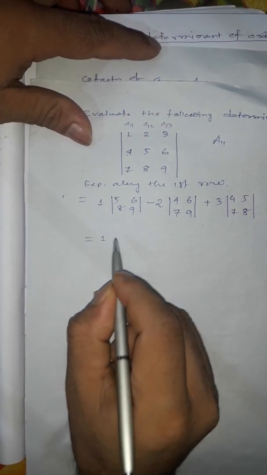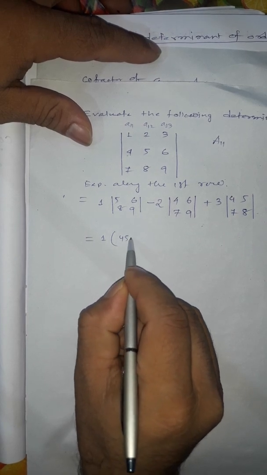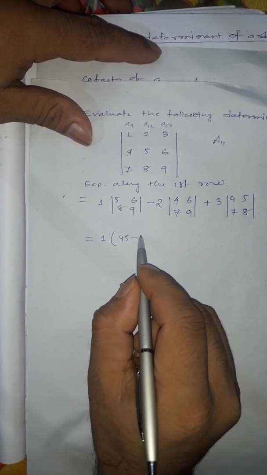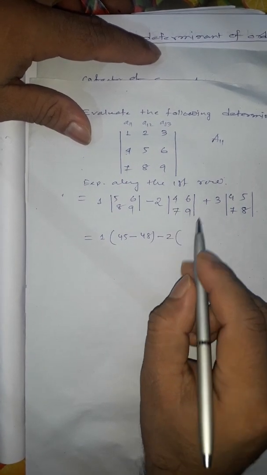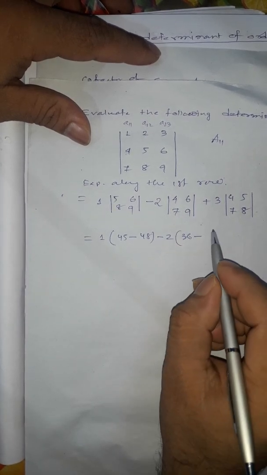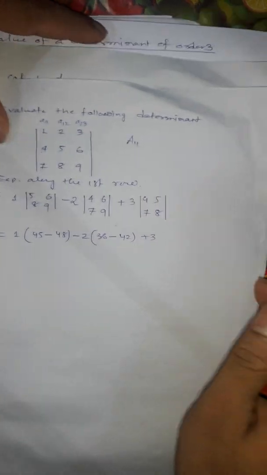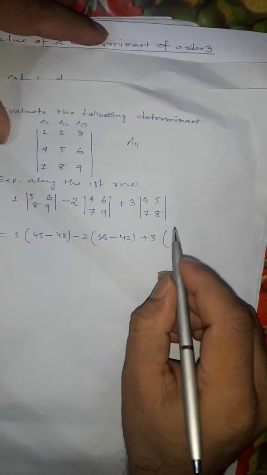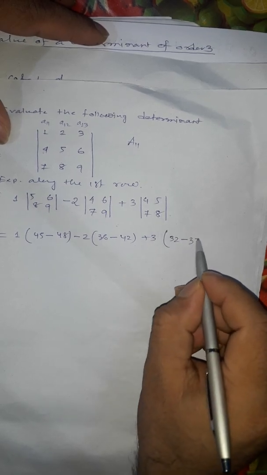This is equal to 1 whole into 5 nines are 45 minus 8 sixes are 48, minus 2 whole into 36 minus 7 sixes are 42, plus 3 into 4 eights are 32 minus 35.